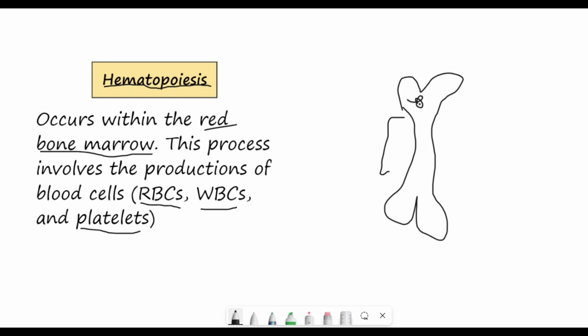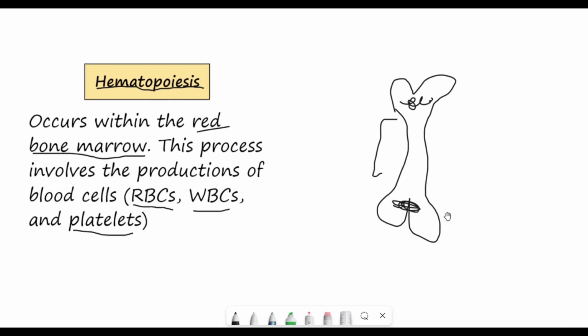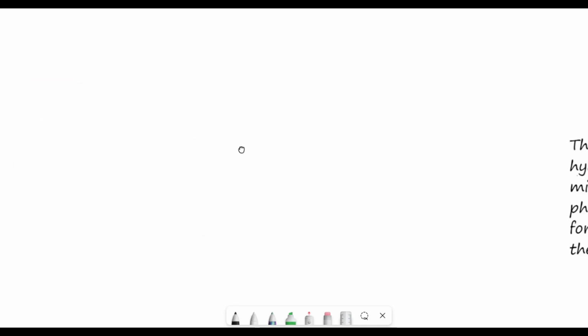The red bone marrow is typically over here and over here in the proximal and distal epiphysis of a bone. So very important to know that as well, and very important function of bones, because if there's no blood cell production, you're cooked.